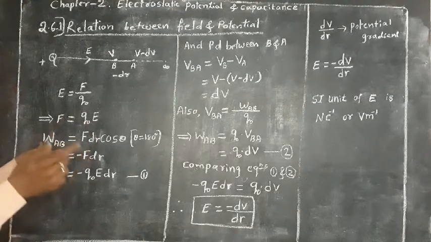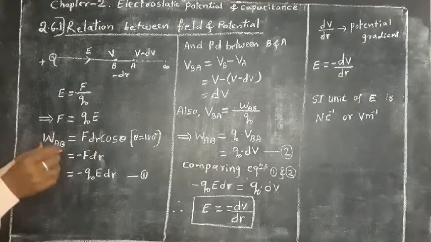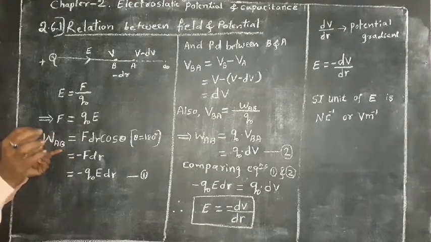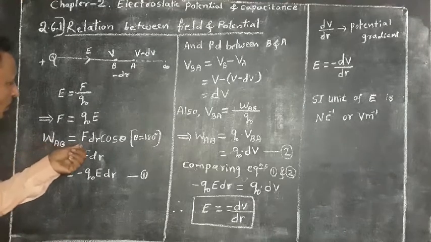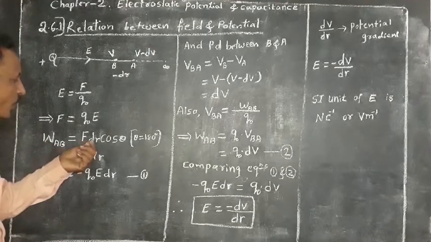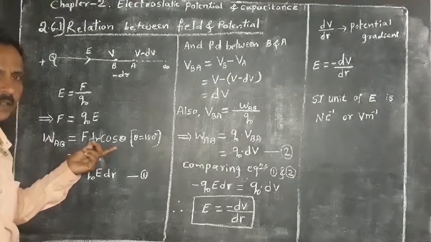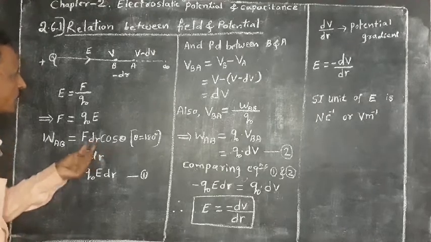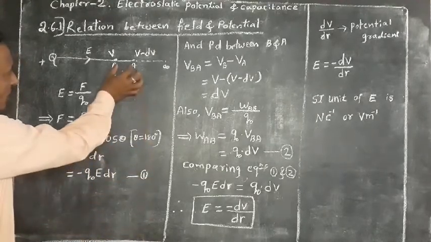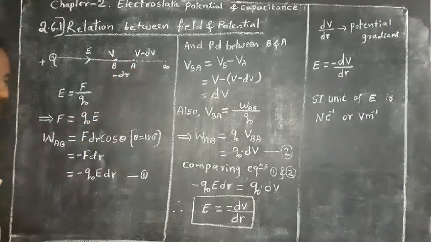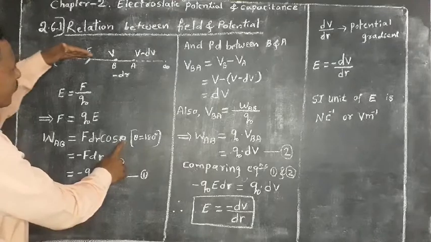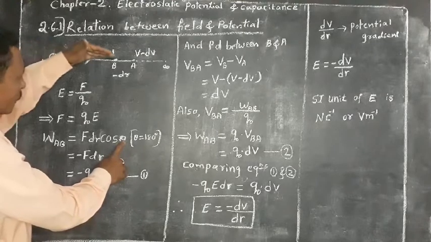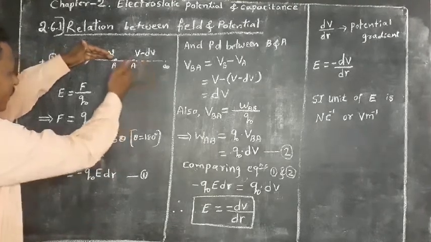We know that work done is equal to force into component of displacement. That is, WAB equal to force F into dr cos theta, where dr is the small distance between A and B, and theta is the angle between electric field or electric force and displacement.